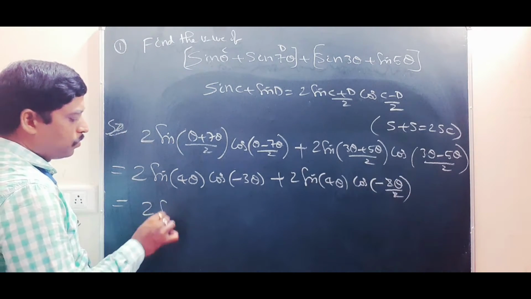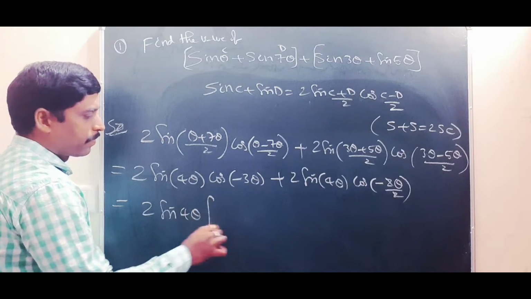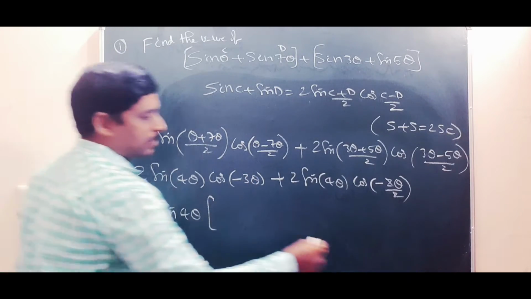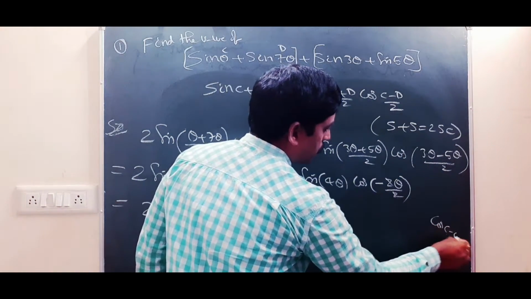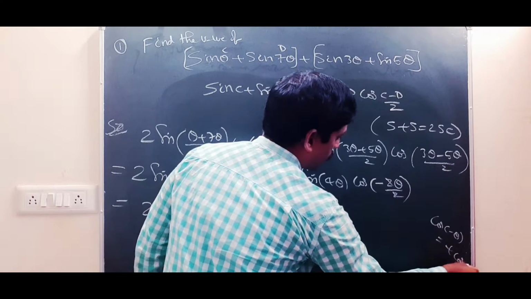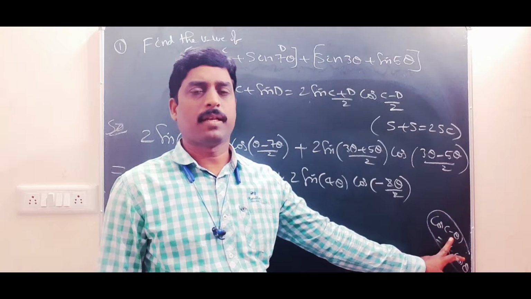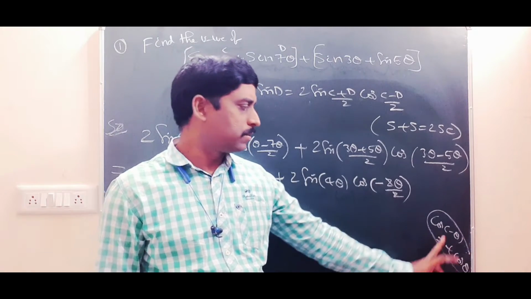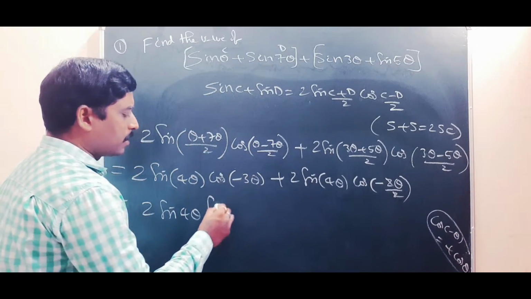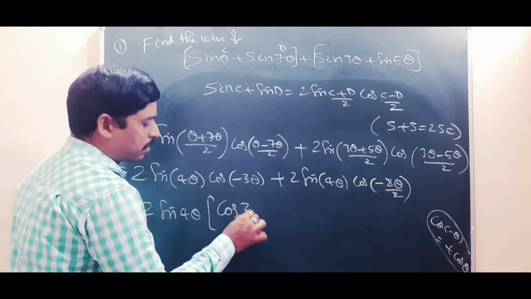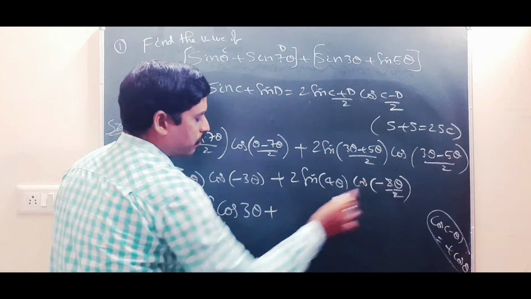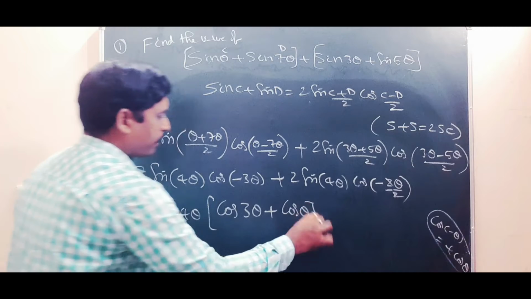Now take 2 sin 4 theta common, cos of minus 3 theta plus cos of minus theta. Cos of minus theta is equal to plus cos theta, because minus theta lies in the fourth quadrant, where cos is positive. So cos of minus 3 theta becomes cos 3 theta, and cos of minus theta is cos theta.